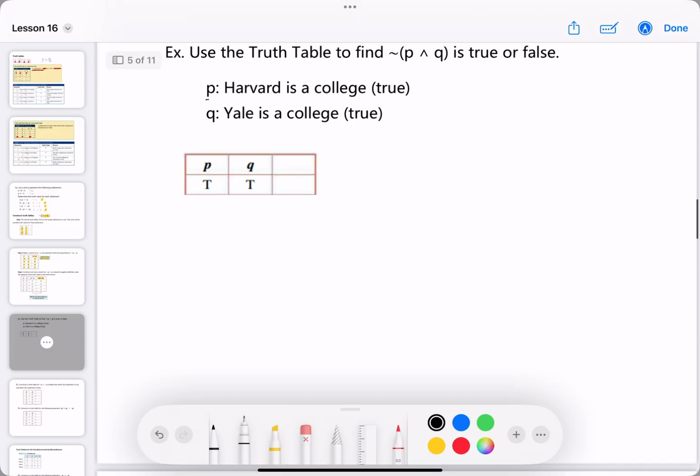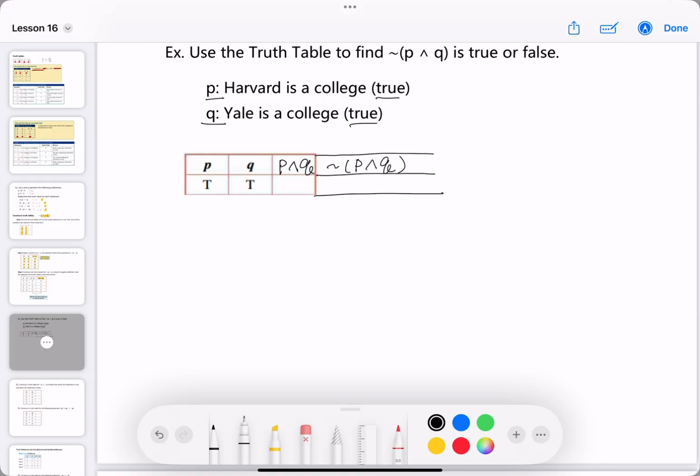It gave us P and Q. P is Harvard is a college, so it is true. Second one, Yale is a college, so the second statement is also true. So in my truth table, the next column is P and Q. Last column is the negation of P and Q.